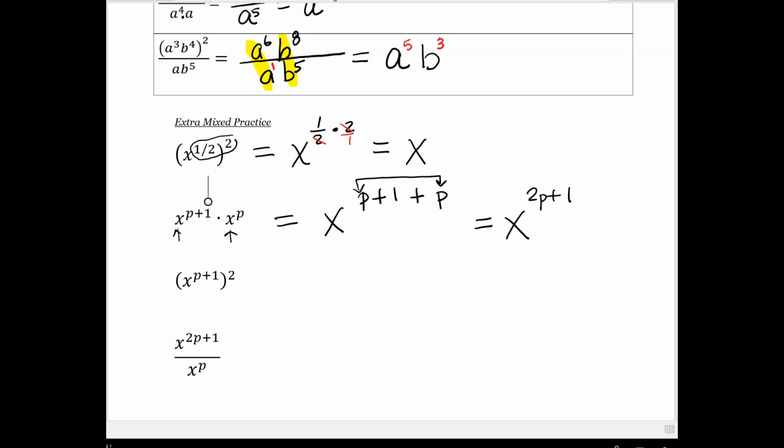That's your final answer. Next, we have x to the p plus 1 to the 2nd power. So again, you have exponents right next to each other, raised exponents. That means to multiply 2 times p plus 1. What is 2 times p plus 1? If we distribute that, we get 2p plus 2.